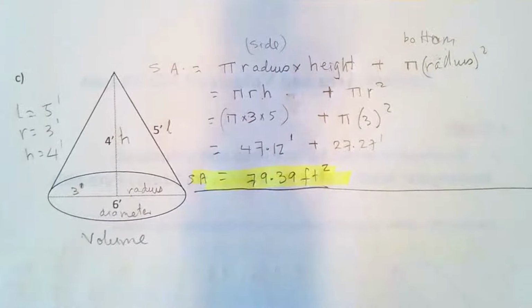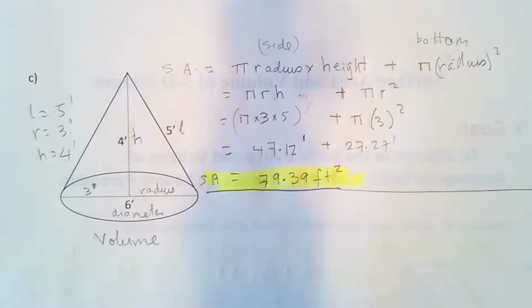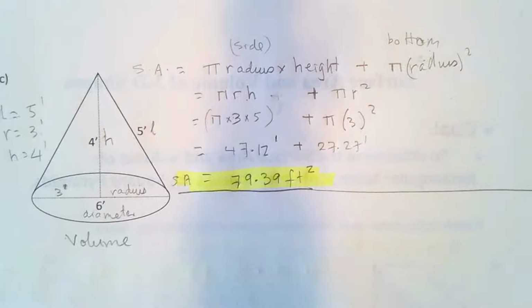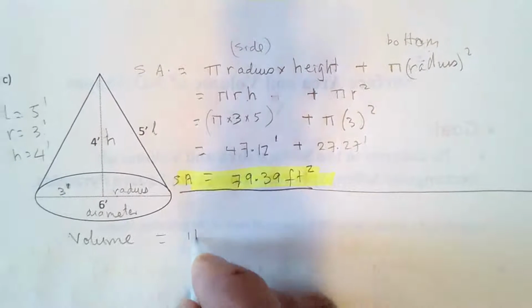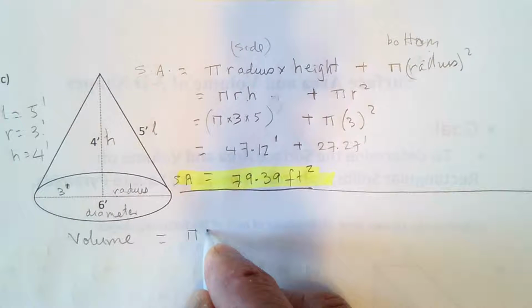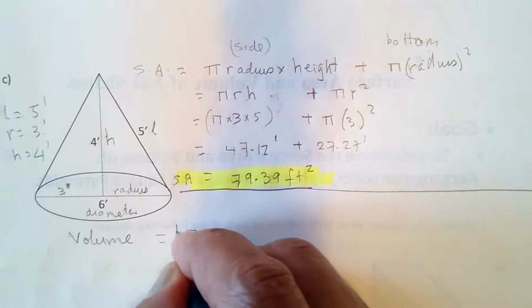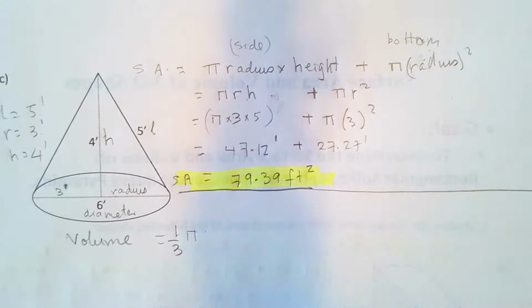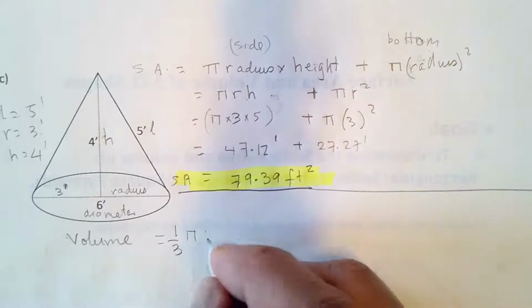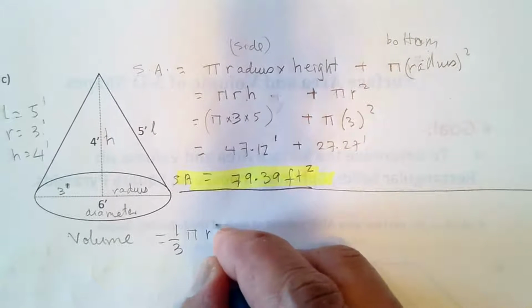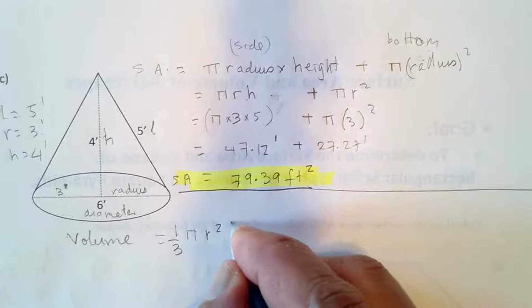Volume is equal to 1/3 pi r squared times the height.